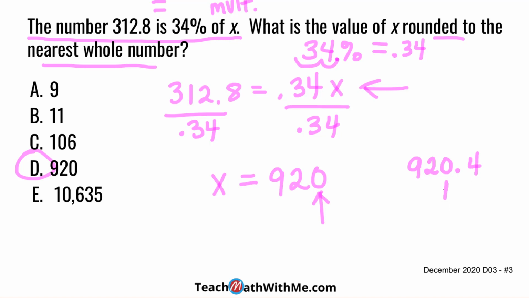We want to round to that position. We look just to the right of the decimal point, and that's a 4. If it's less than 5, we're going to stay at the number that it's given. If it had been 920.5, we would have rounded up to 921.